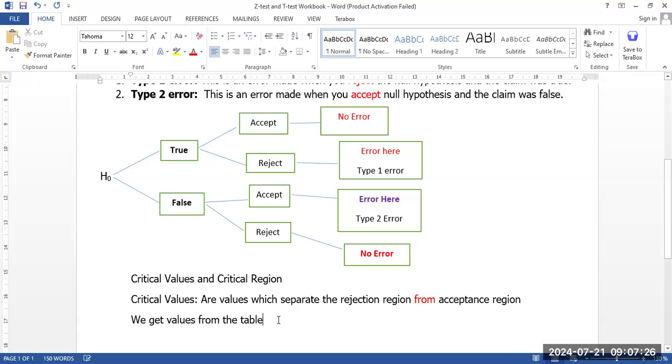From the table. And the table you can use here can be either Z distribution table, or it can be T distribution table.